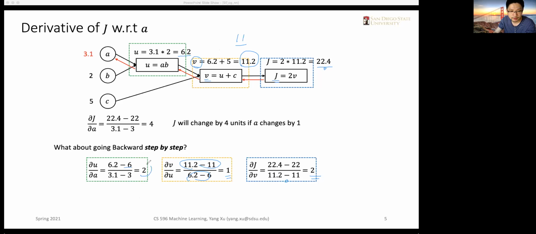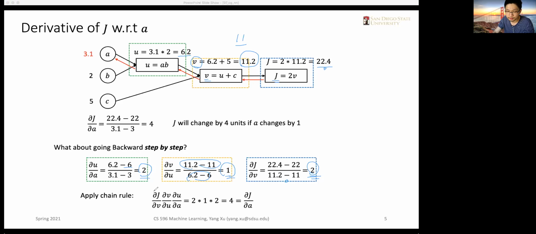All right, we have these 2, 1, and 2 as partial derivatives computed. What we can do now is to actually use the chain rule, okay? Because according to the principles in calculus, we can multiply these three quantities, right?